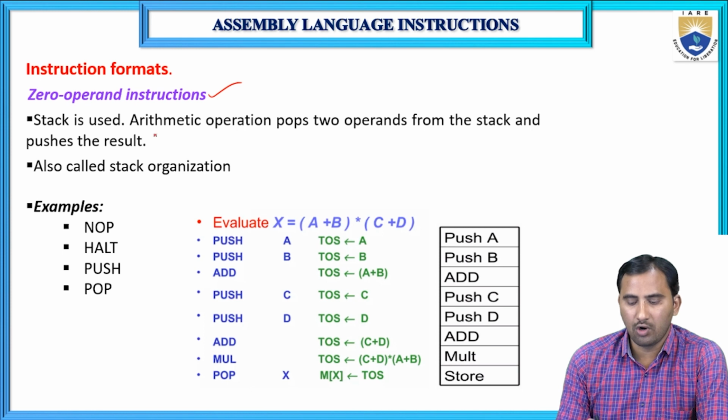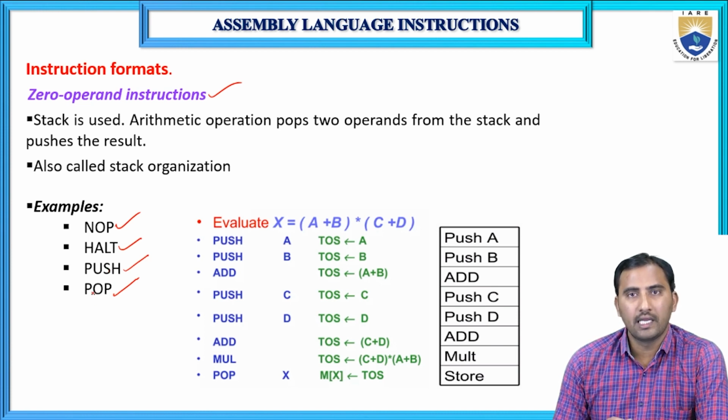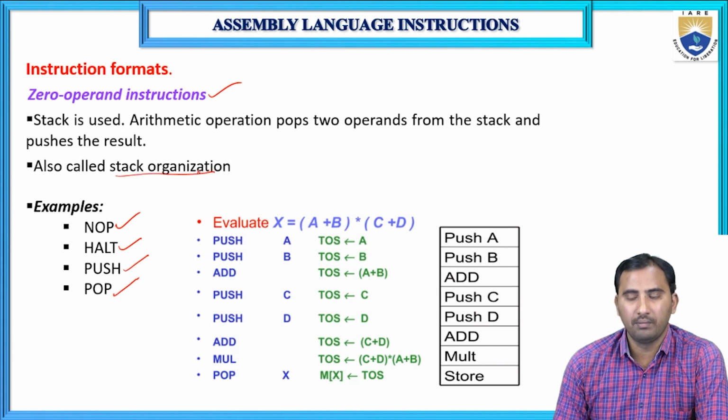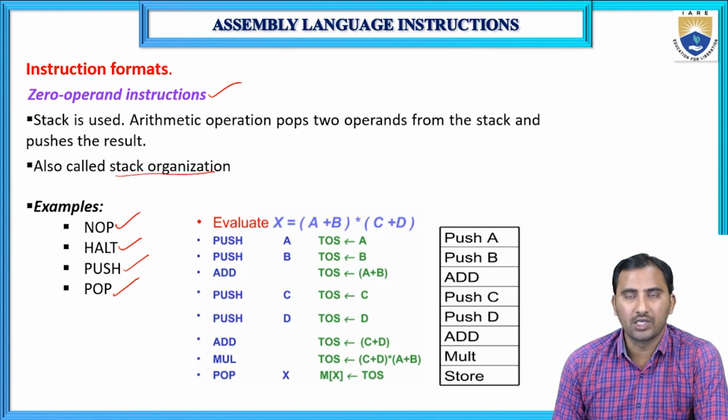Examples of 0 operand instructions are NOP (no operation), halt, push, pop. Push means keeping the content into the memory, and pop means taking the content from the memory. These are also called stack organization, because the push and pop instructions use the stack memory.